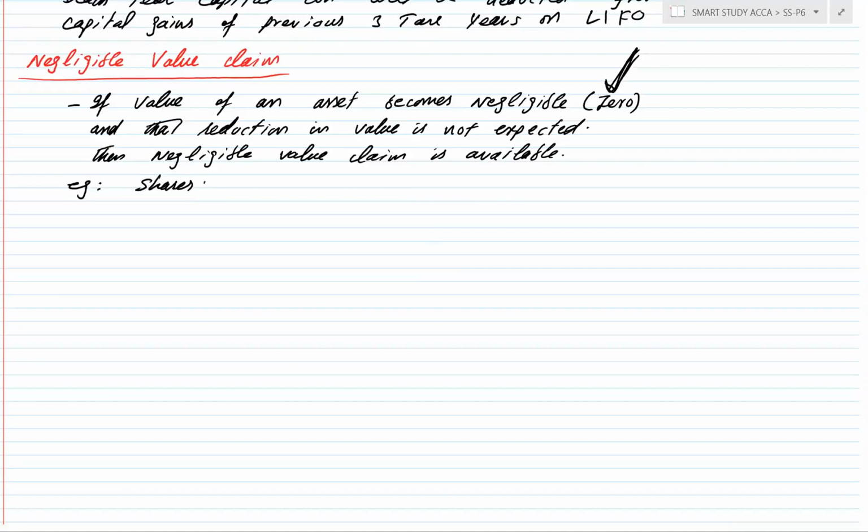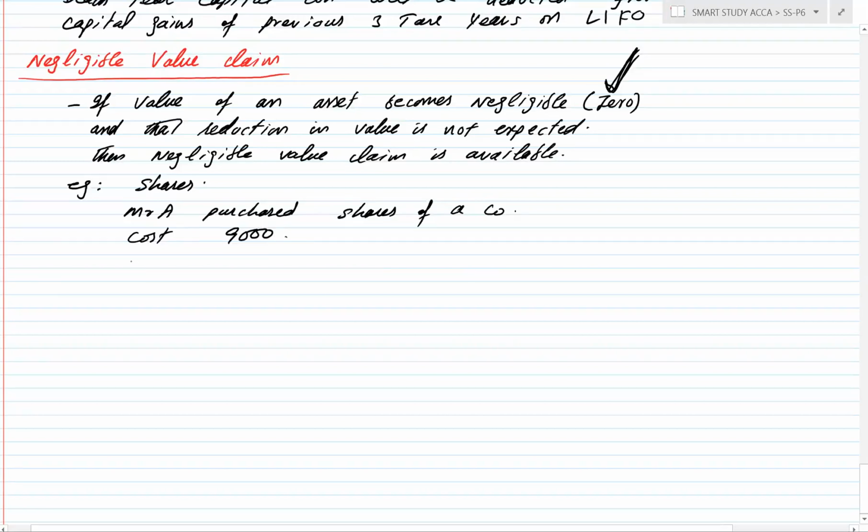So for example, Mr. A has purchased shares of a company and the cost of these shares is say 9,000, and the company went into liquidation.